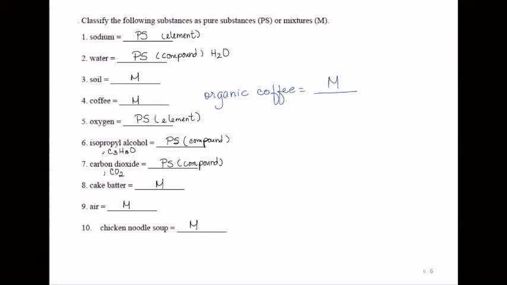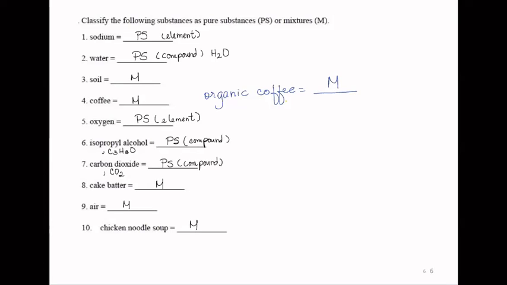Writing the word organic does not make it pure, okay? Remember, pure substances in chemistry are limited to being an element or a compound, because a compound is just elements that are combined with one another. Any questions, if you're given substances, on determining if they are pure substances or mixtures?